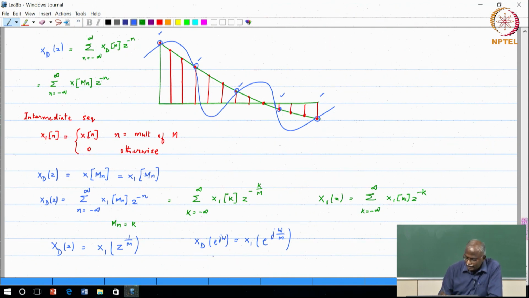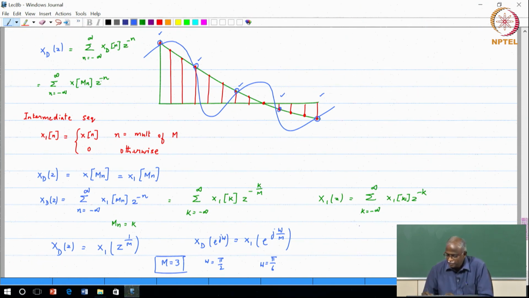If I take ω equal to π by 2 for Xd(e^jω), this will correspond to X1(e^j π/6), because whatever was the original frequency I have to divide by M. Take the case where M equal to 3. If I were to show the relationship between the frequencies of Xd and X1 in terms of a spectrum, I am going to show only from 0 to π.